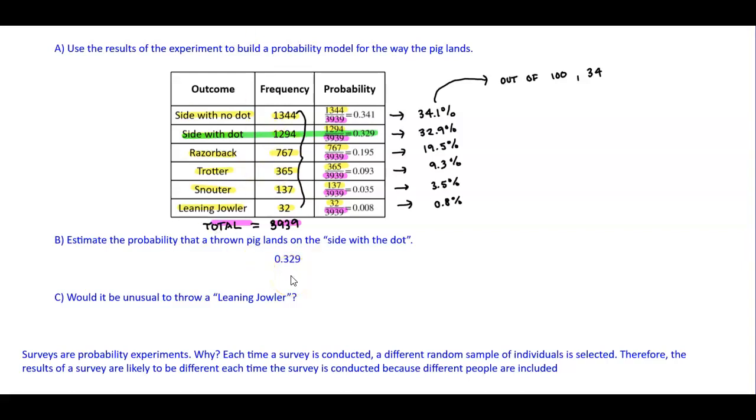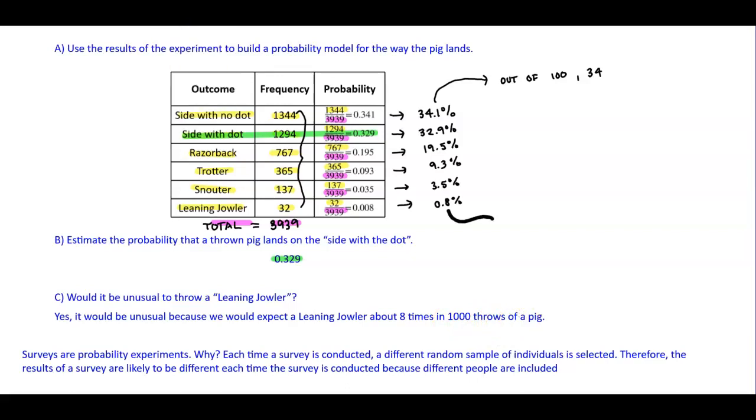So therefore, the probability is going to be 0.329. Now, would it be unusual to throw a leaning jowler? Well, yes, it would be unusual because we would expect a leaning jowler about 8 times in 1,000 throws of a pig. Well, how do we figure that out?